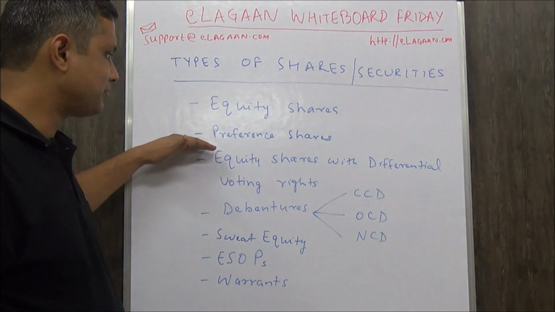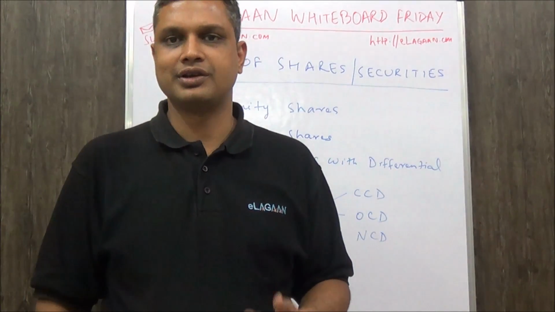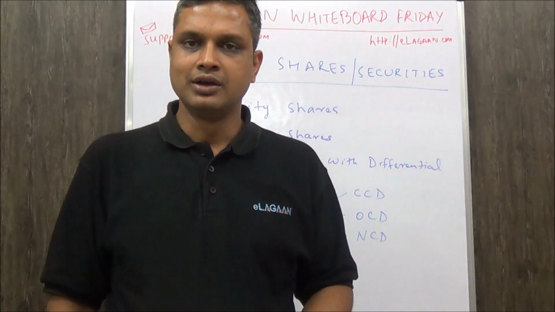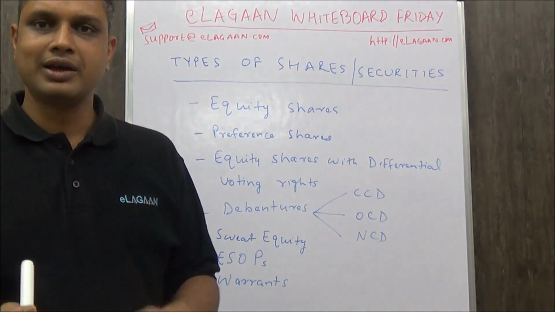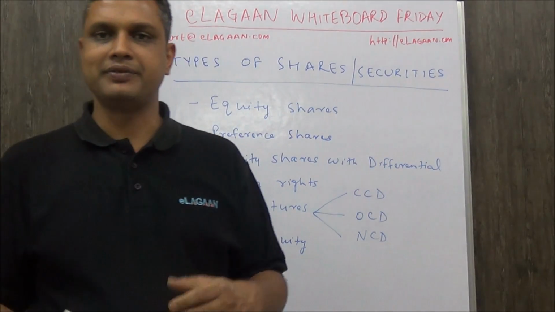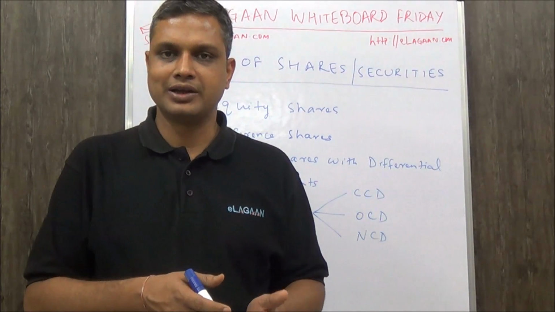The second one is the preference shares. Preference shares, by the name itself, suggests that these are preferential in nature. The major difference between equity and preference shares is that whenever a company goes for liquidation, the preferential shareholders get preferential treatment over the equity shareholders.